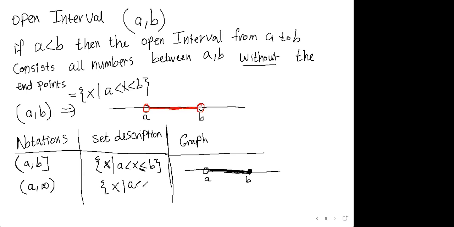Any element is greater than A, all the elements greater than A to infinity. How can I graph this one? So I draw the line. A is open, and all the elements go to infinity.